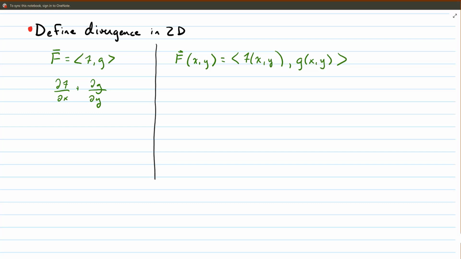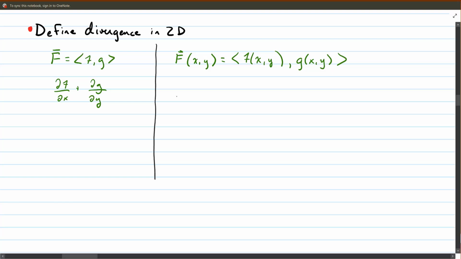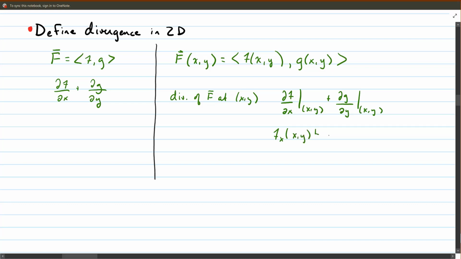And then the divergence is a pointwise definition, where we say the divergence of f at some point x comma y is given by partial f partial x evaluated at x comma y plus partial g partial y evaluated at x comma y. Or using another notation, we could say that's f sub x of x comma y plus g sub y of x comma y.